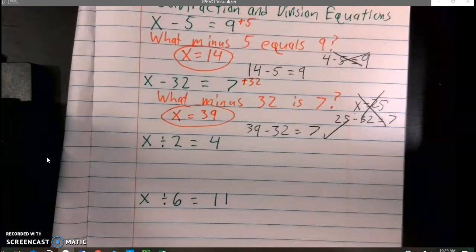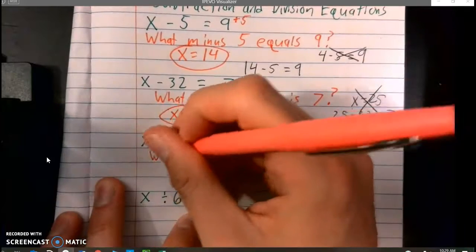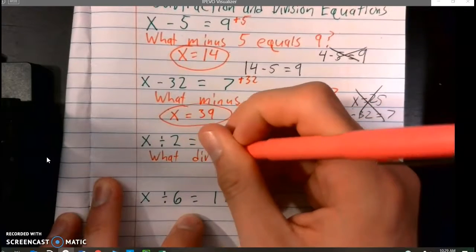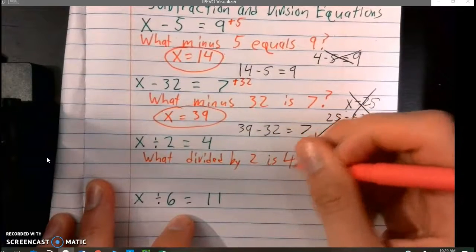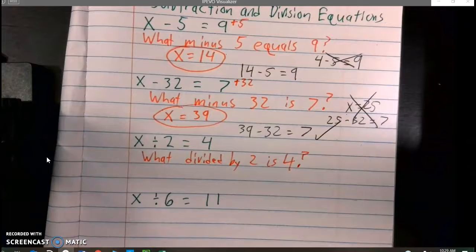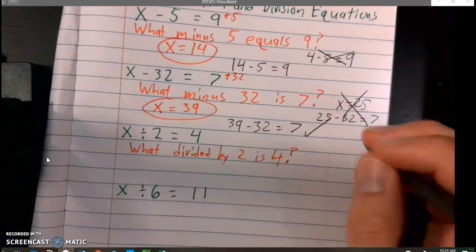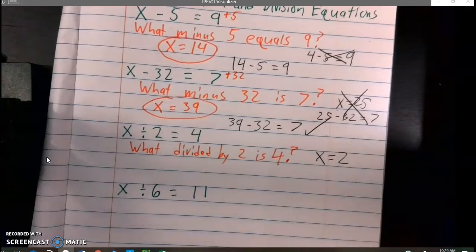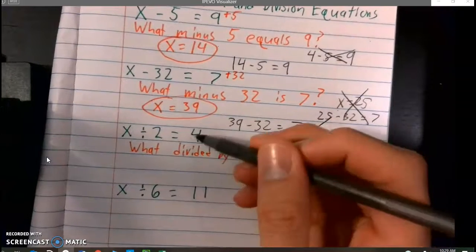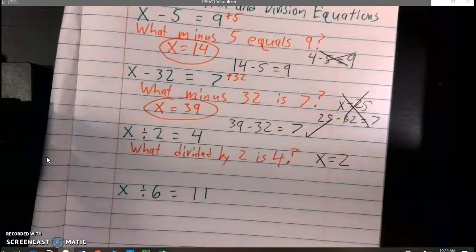Once again, I'm going to write my sentence here: what divided by 2 is 4. The most common misconception here was that a lot of people said x equaled 2. They see 4 and 2, and they see division, so people did 4 divided by 2 and got 2.